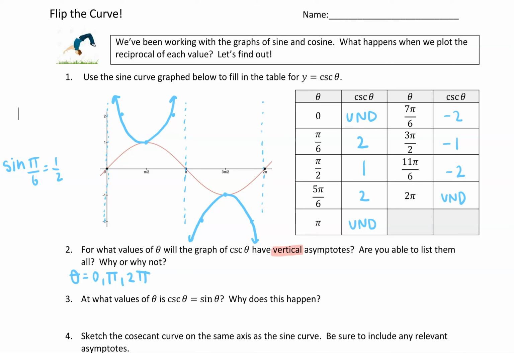We'll start at 0, and we'll call it n pi. So vertical asymptotes for cosecant will be any multiple of pi. It can go in the negative direction or the positive direction.